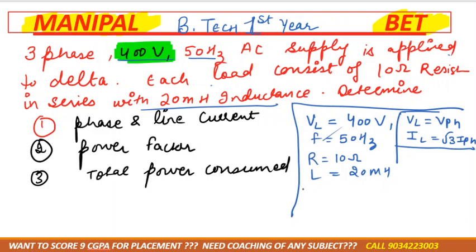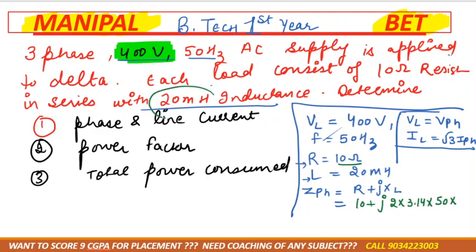So can we get the impedance from R and L? ZPH is in the form of R plus jXL. R value they have given us is 10 ohm. XL is how much? 2 into pi, that is 3.14, into F, the frequency.